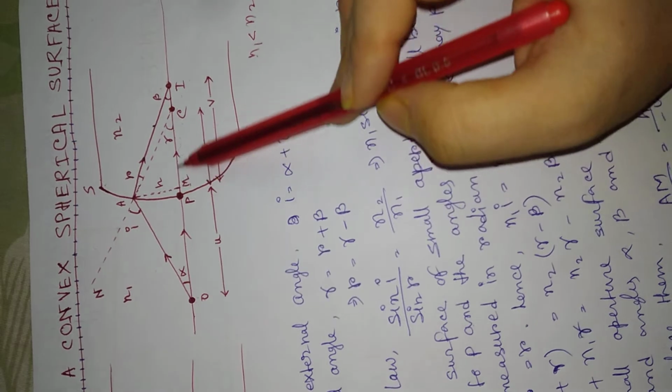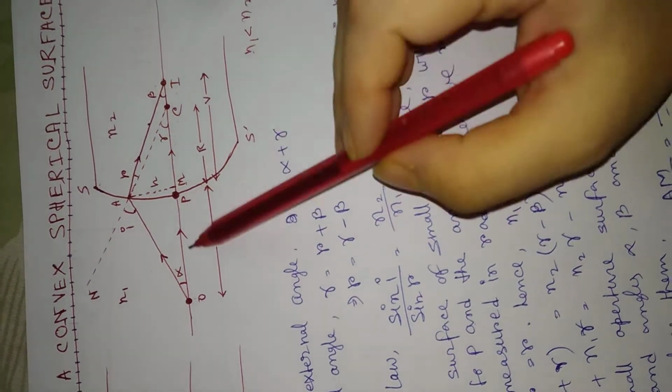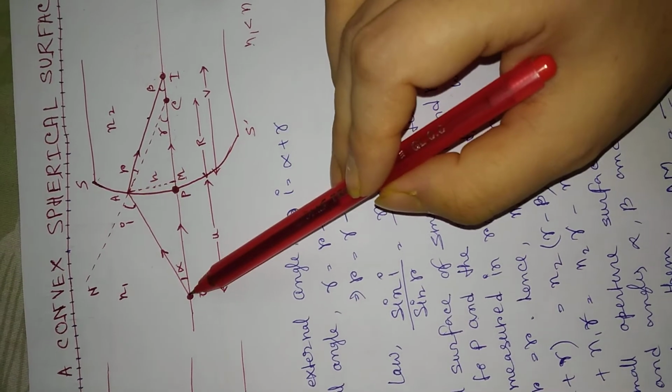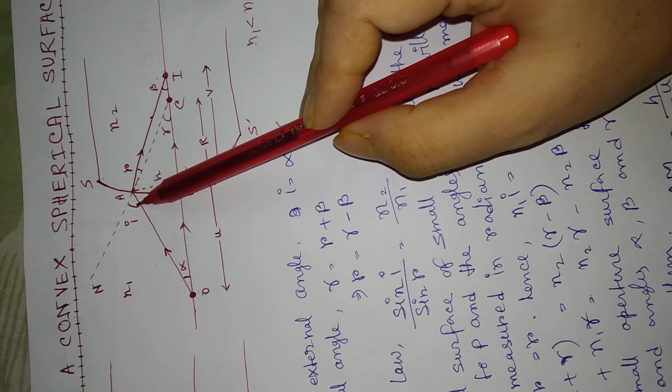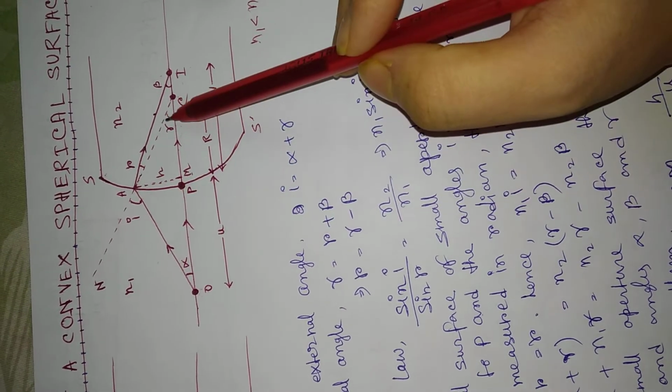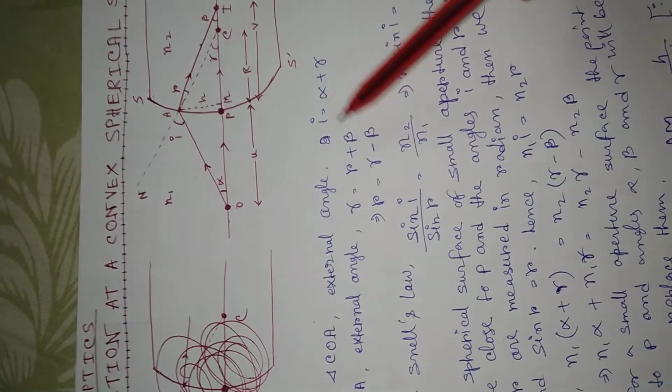Just look here, from triangle COA, this is the exterior angle, and we know that the exterior angle equals the sum of the two interior opposite angles, so we can write i equals alpha plus gamma, right?